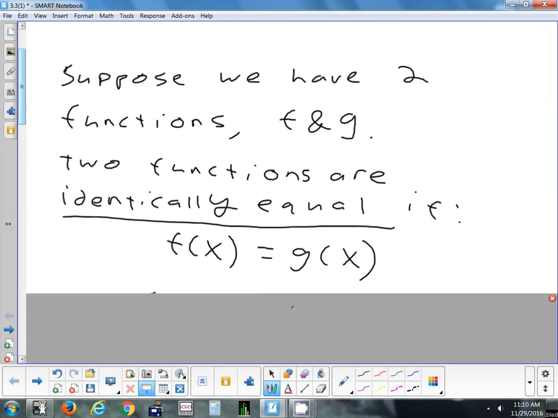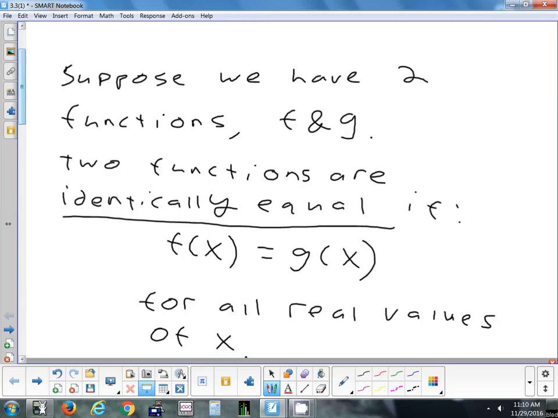So an example of two functions that are equal, say f of x equals 3x plus 1, and g of x equals, let's say, 2 times (x plus 1) plus x minus 1.